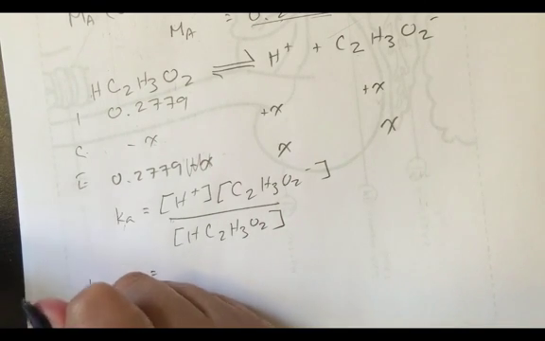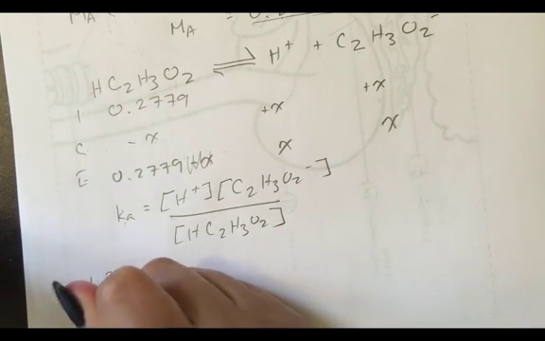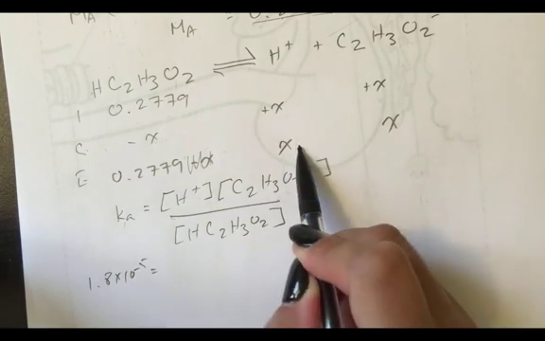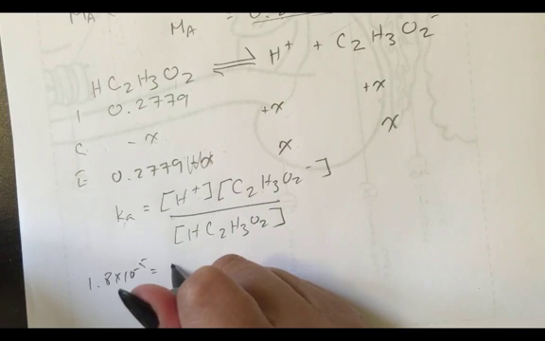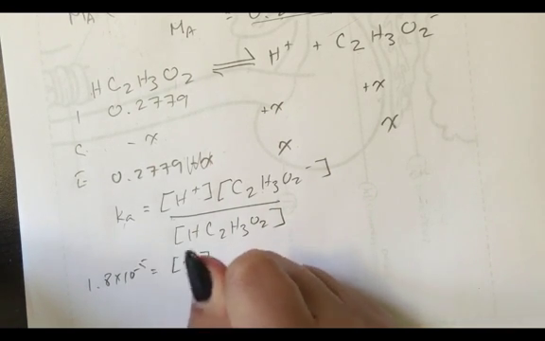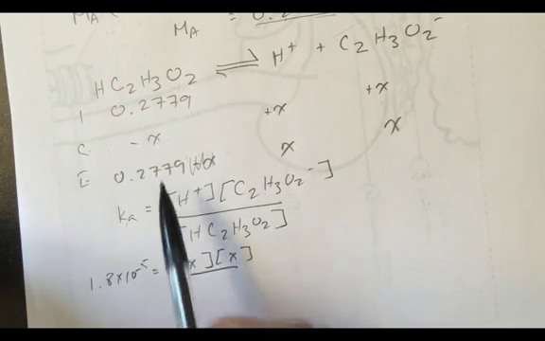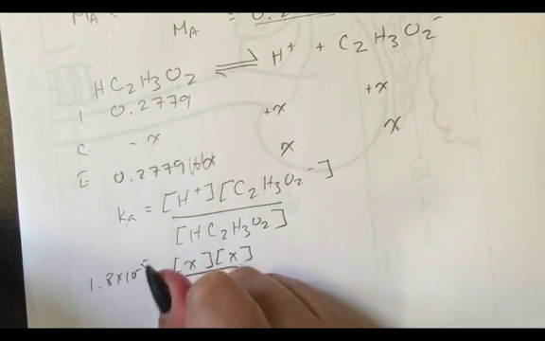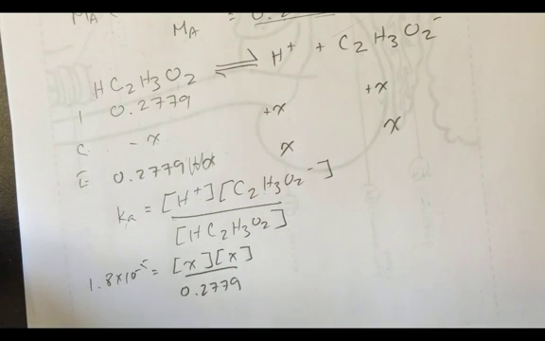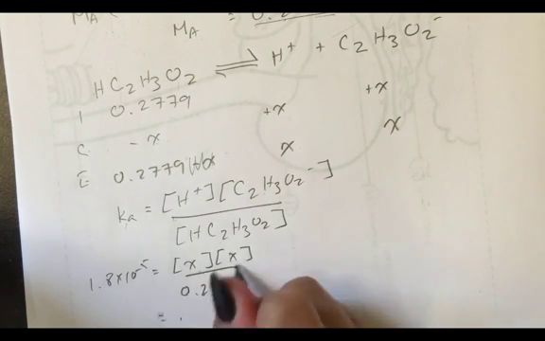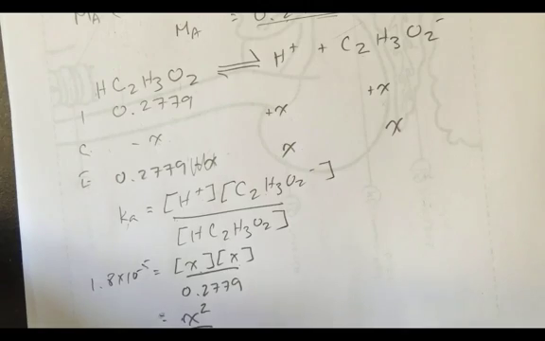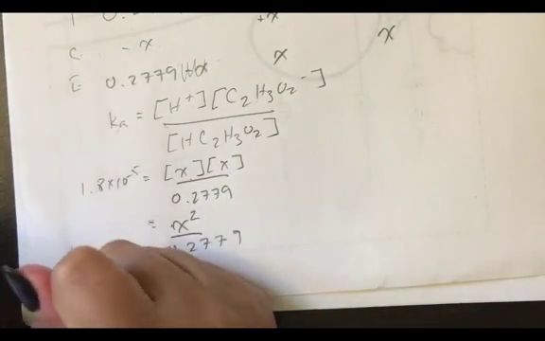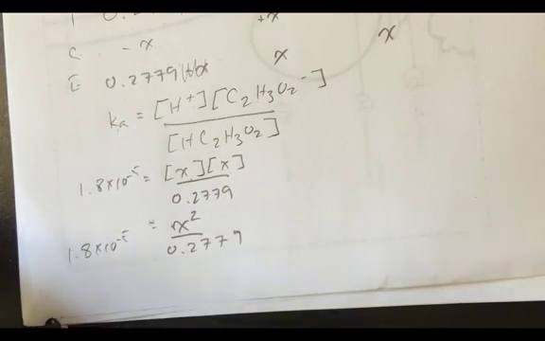So that's going to be 1.8 to the power of -5. This guy is an x, this guy is an x, so it's going to be x times x over this guy right there, 0.2779. Okay, so x and x will give me x squared over 0.2779, equals 1.8 to the power of -5.